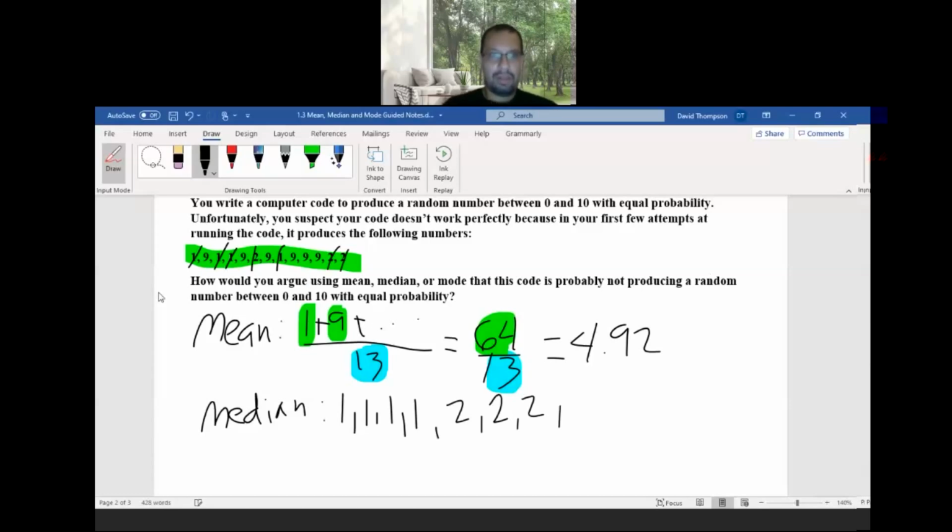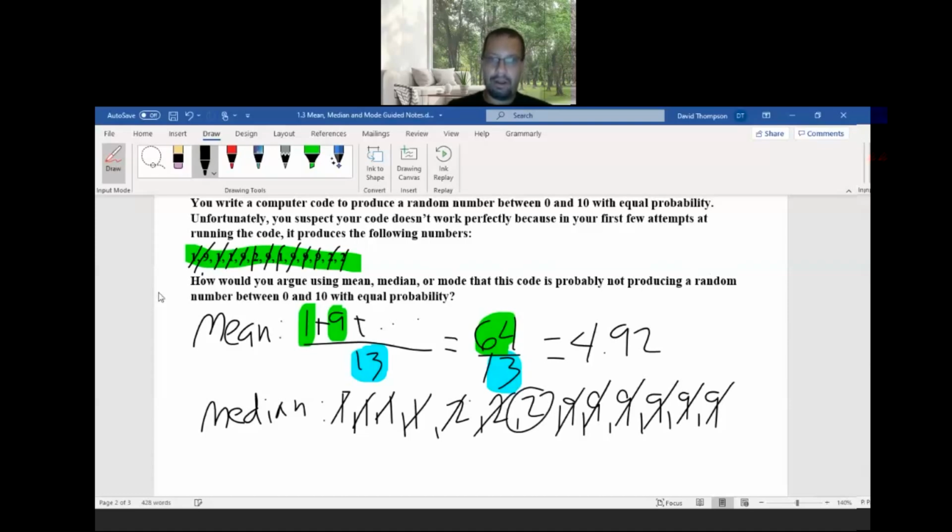Then 9, 9, 9, 9, 9, 9, six nines. So now we use a cross-off method to find the median, working our way to the middle. And our median is 2.